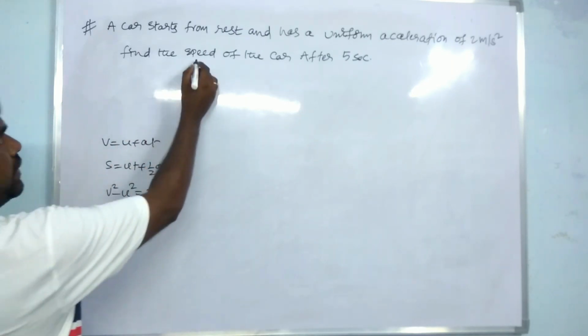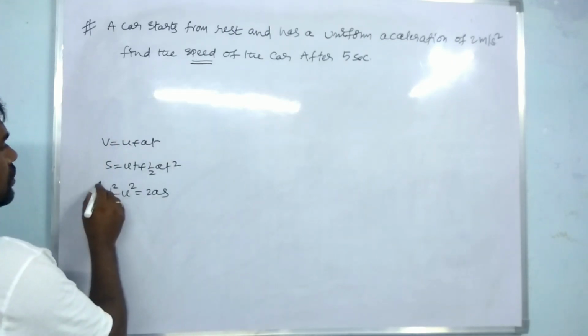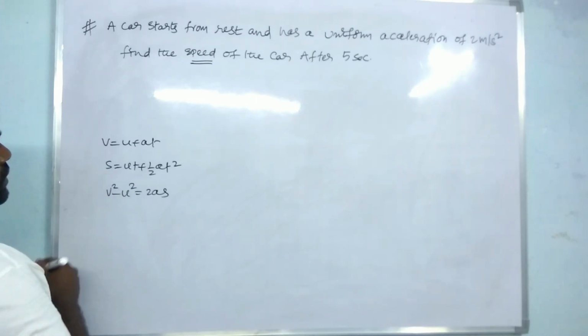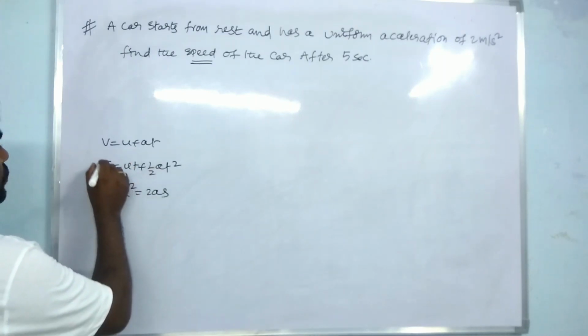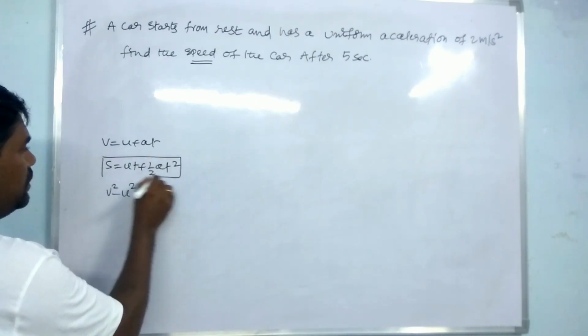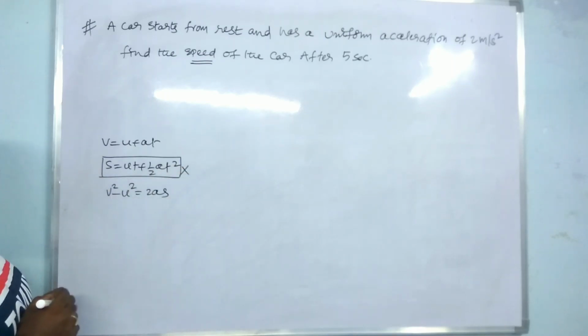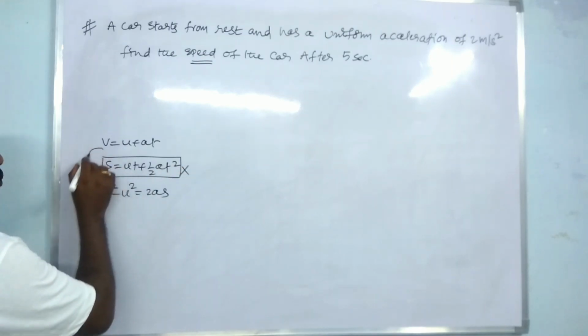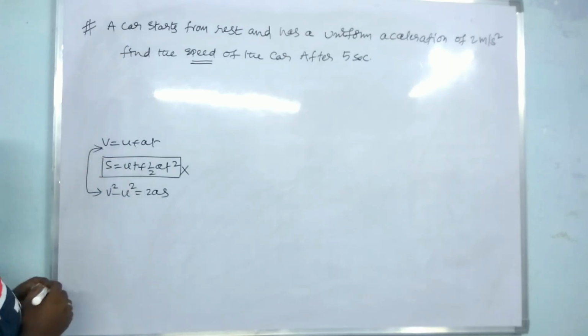What do we need to find here? Speed. So there is no term to find the speed in this one, it is removed, and from these two, which do we have to select?